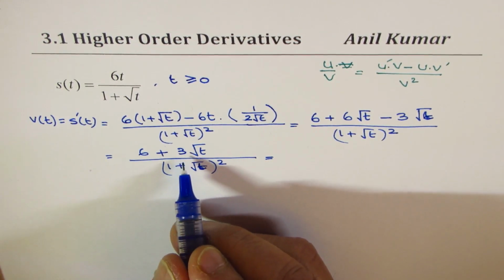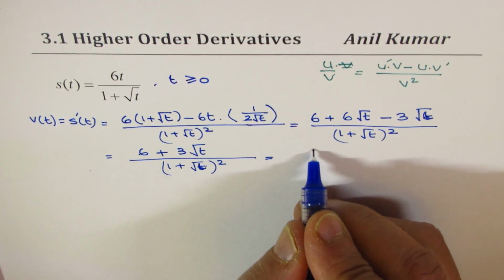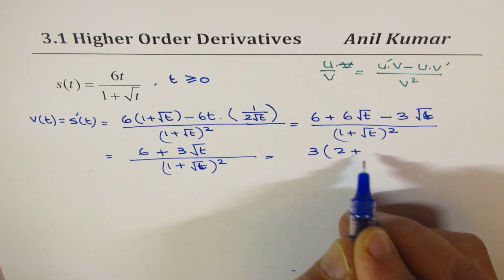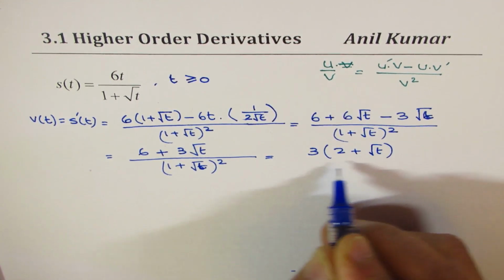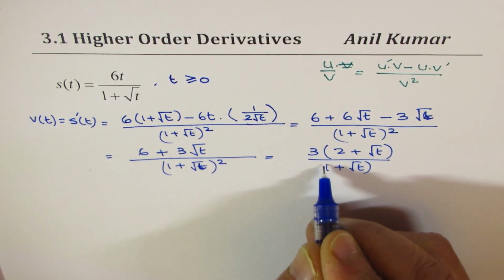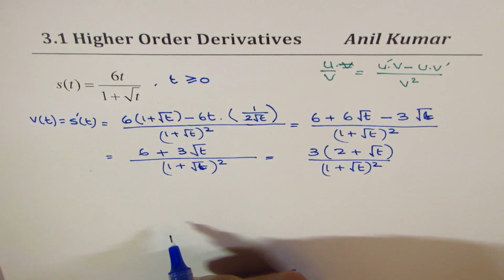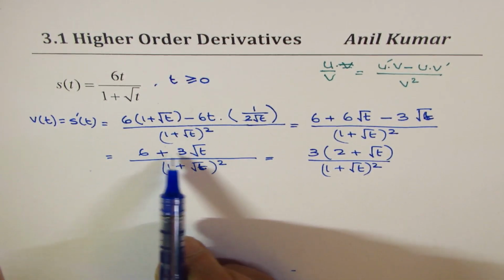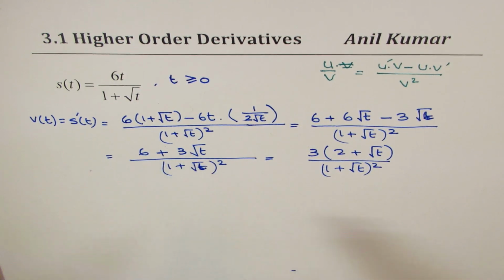If you want, you can take 3 common and write this as 2 plus square root t over 1 plus square root t whole square. To find the second derivative, I feel this is a better and simpler expression to use, right? So let's now find second derivative for the given function.